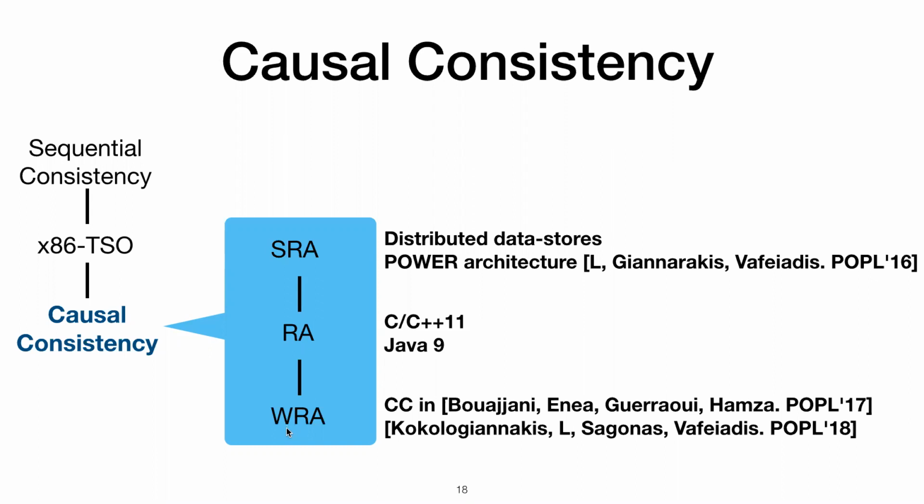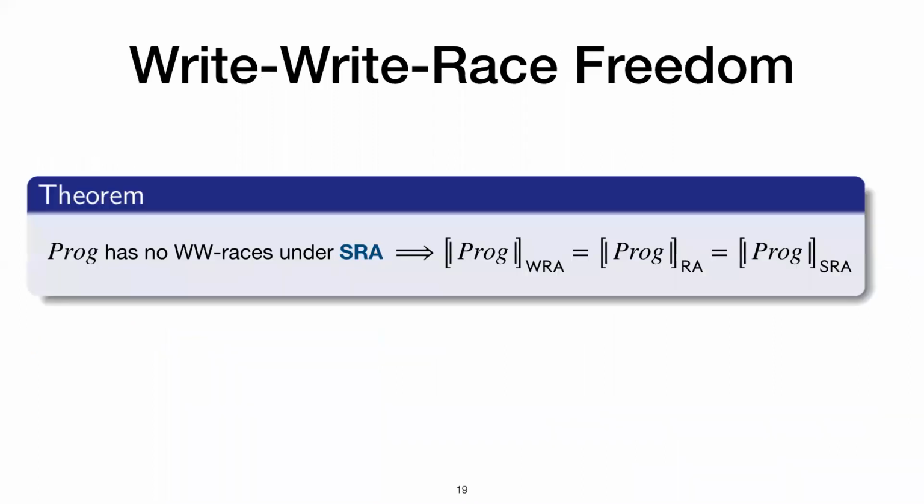Okay, but to be completely honest, this is a nice theoretical distinction, but in practice, it has limited significance because of this theorem. We can show that if a program doesn't have write-write races, so if we don't have concurrent writes to the same location, then the behaviors of this program under weak RA and RA and SRA all coincide.